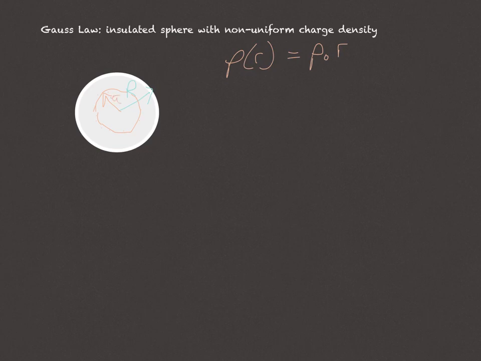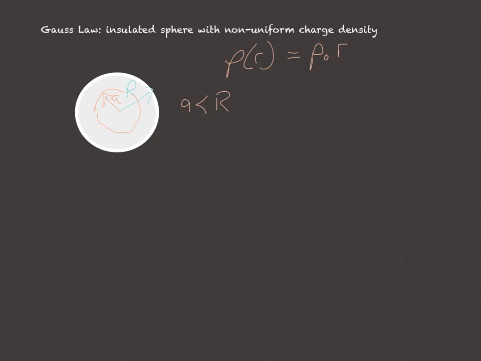I'm going to call that inner radius a, so that a is less than the radius of the sphere. Okay, so we have to figure out what the charge enclosed is for this object.